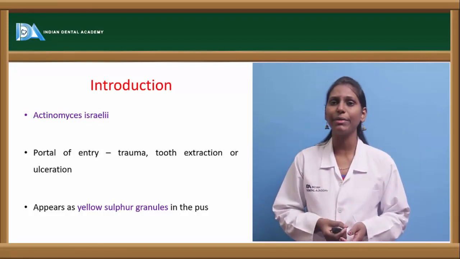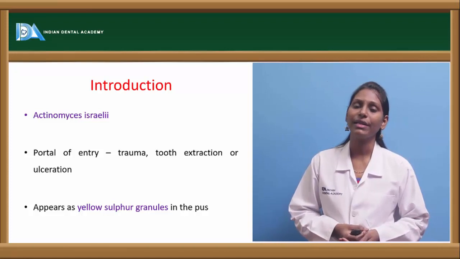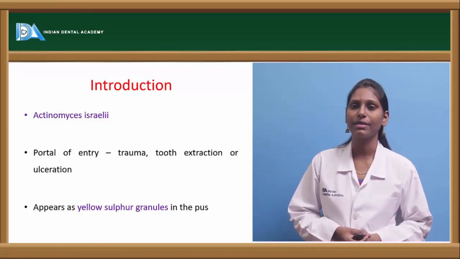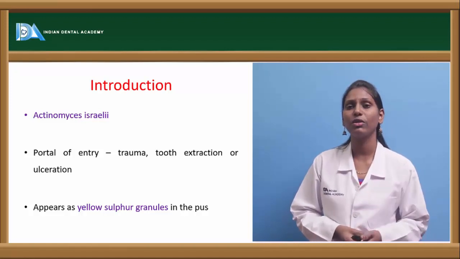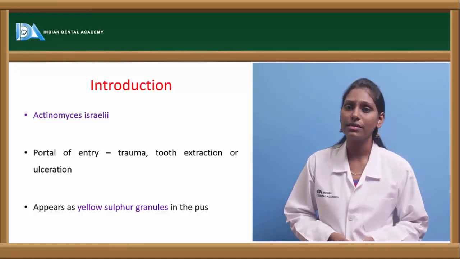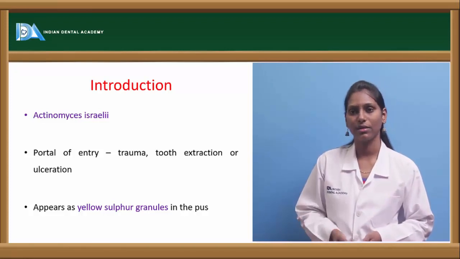The portal of entry can be a dental cavity, a trauma, a tooth extraction, or some ulceration. With this portal of entry, Actinomyces israelii can lead to the actinomycosis condition.